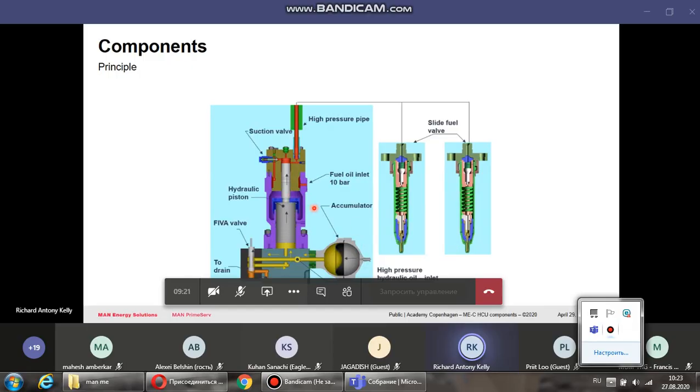Okay, when we've done this, of course this will close or go to the center position. We will drain from the underside of the booster, and the return of the plunger and the piston is assisted by the constant fuel oil pressure at the top part of our fuel oil booster, i.e. the top cover.